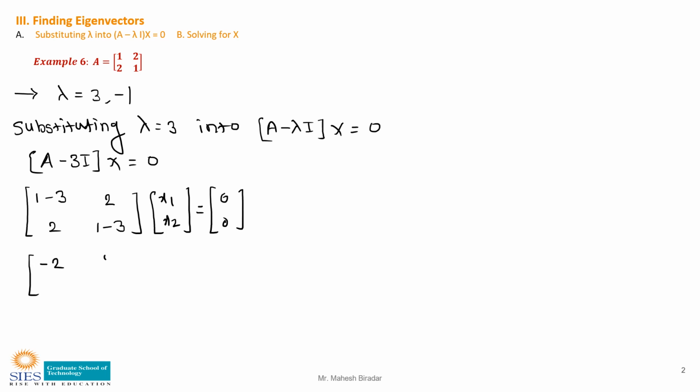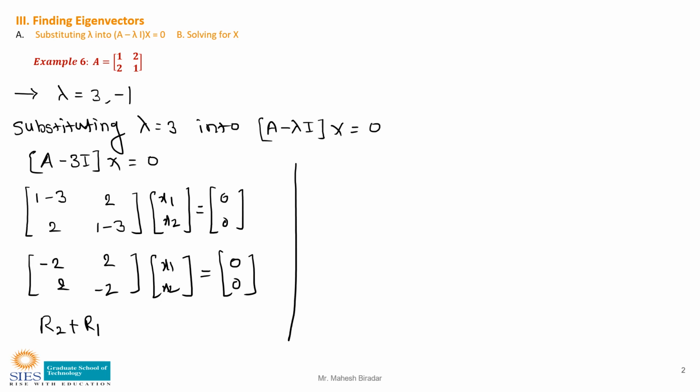So after simplification, we will get a matrix whose first row is minus 2, 2 and second row is 2 and minus 2. If you apply row transformation here, we get minus 2, 2, 0, 0 into x1, x2 is equal to 0.